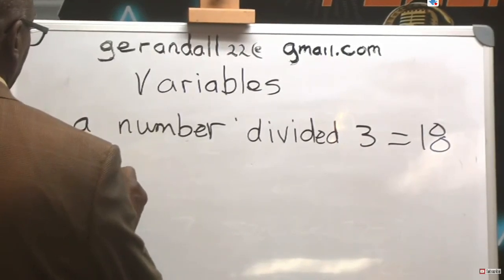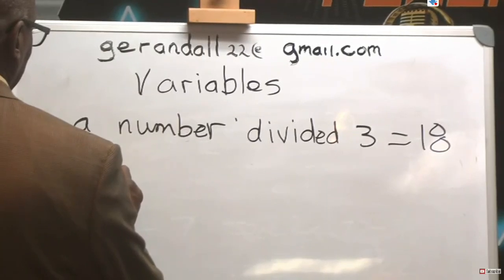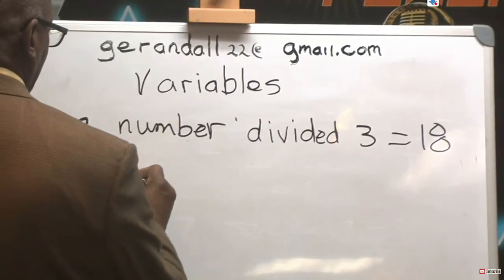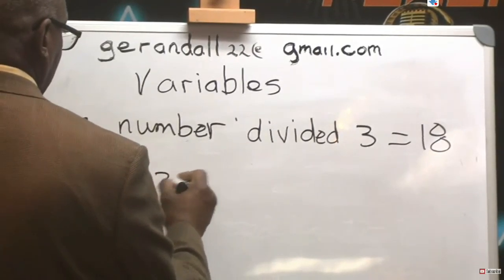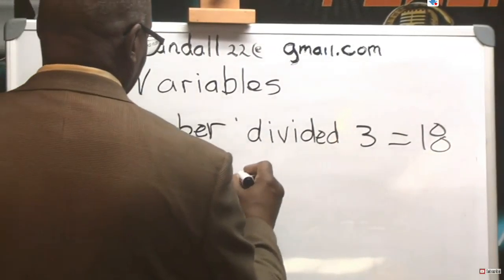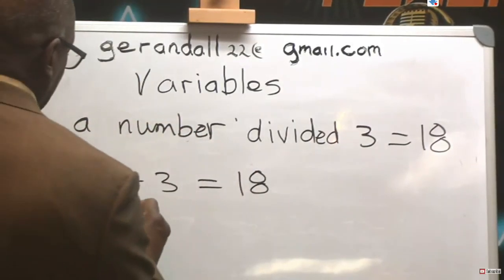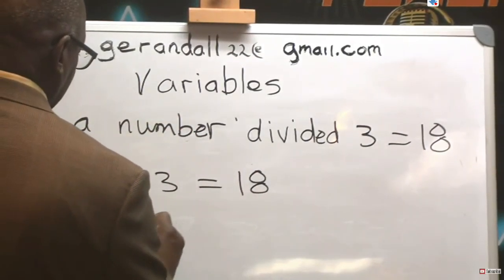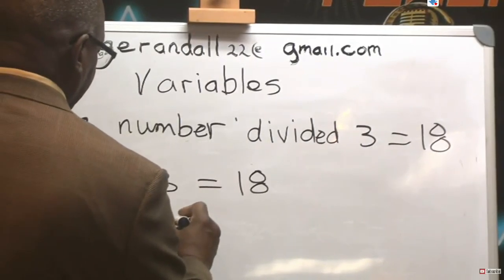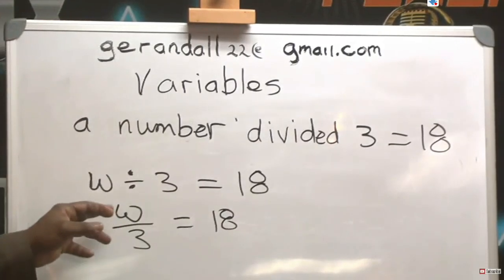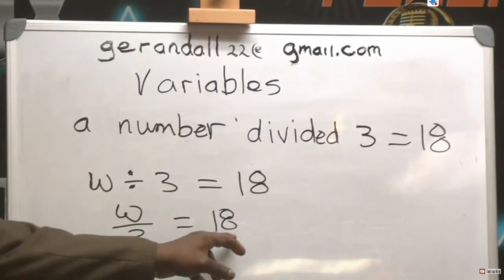We used m before. Let's use w. w divided by 3 equals 18. And I just like to rewrite that says a number divided by 3 equals 18.